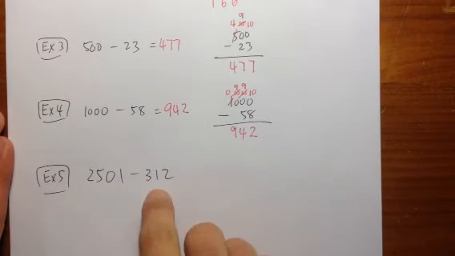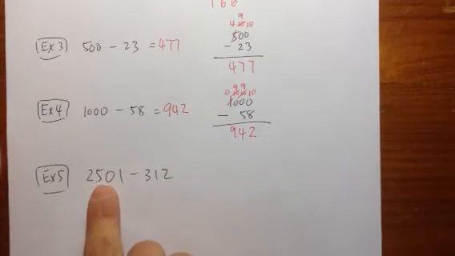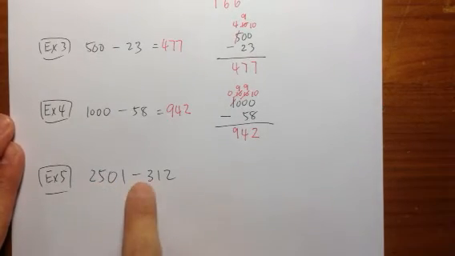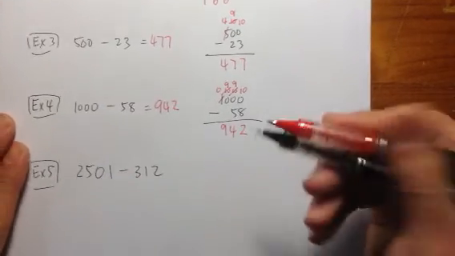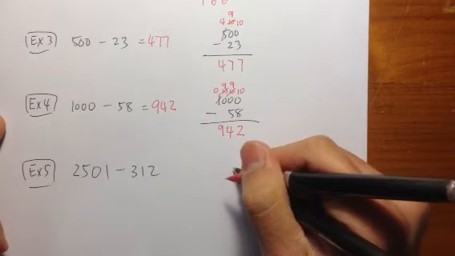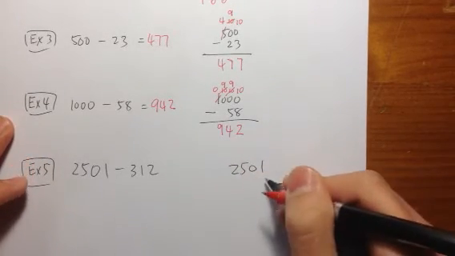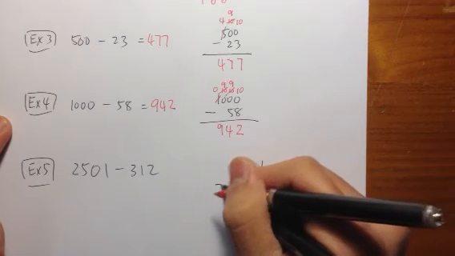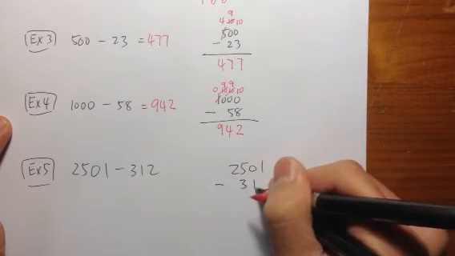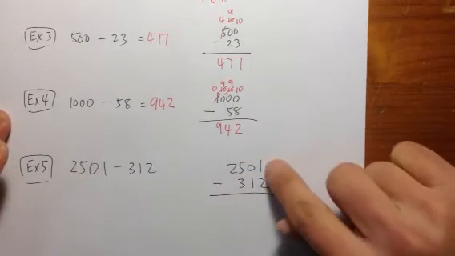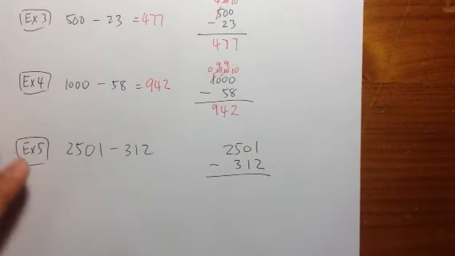So when you are doing subtraction, it only makes sense if you have a big number, take away a smaller number. So set this up. I need to put the first number on the top, 2,501, and then I'm going to subtract 312. Line up the numbers to the right.